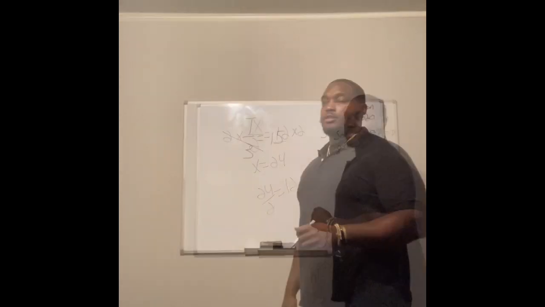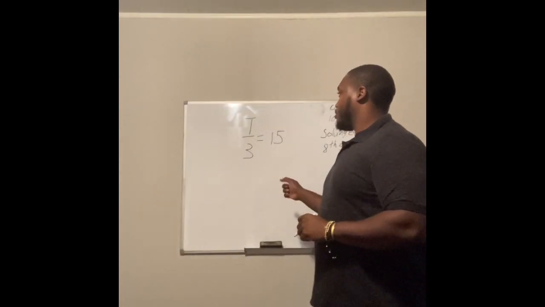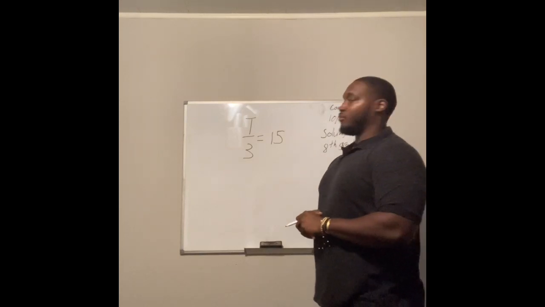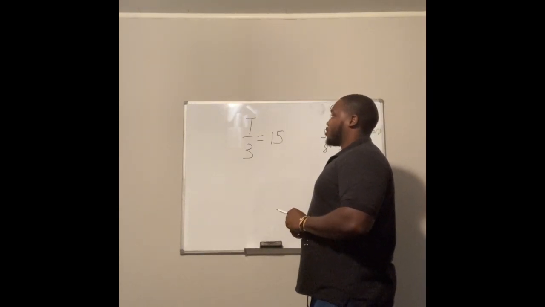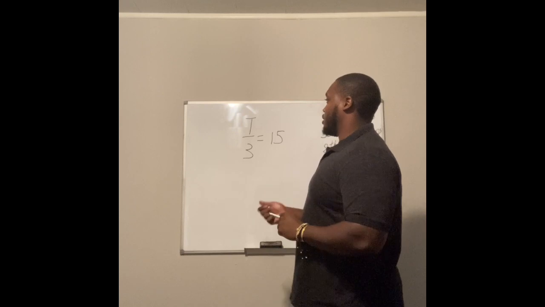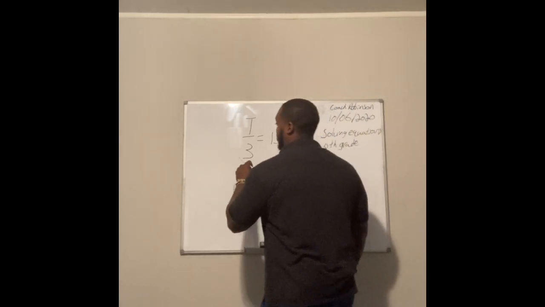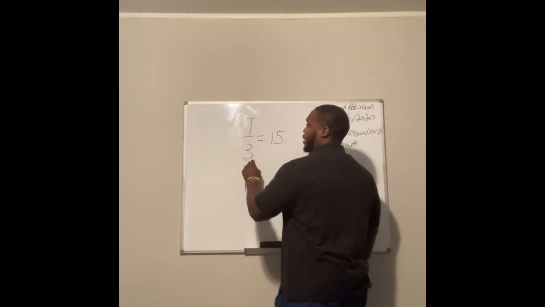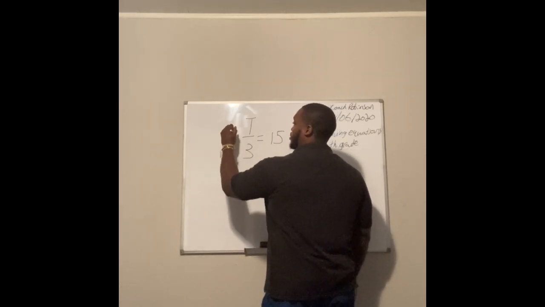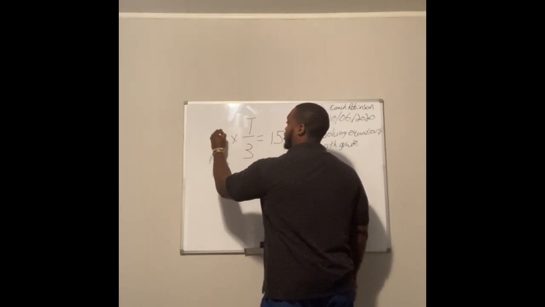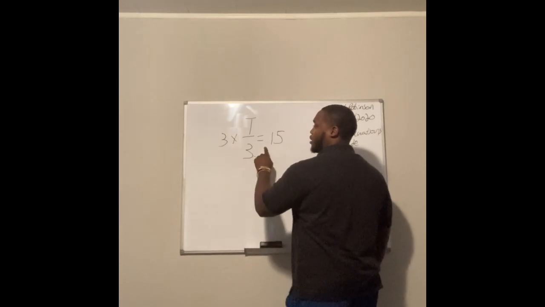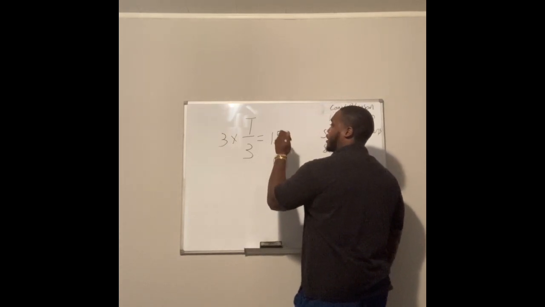Okay, let's look at another example. We have t over 3 equaling 15. We have to solve for the variable, which is t. So in order to do that, we have to times the fraction by the denominator. We're going to times this by 3. And whatever you do to one side of the equal sign, you have to do to the opposite side as well.